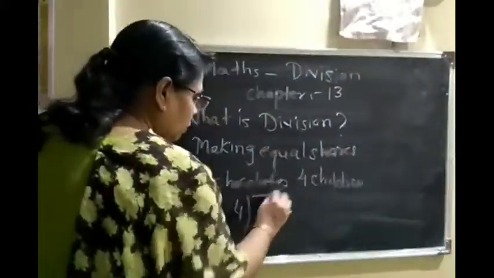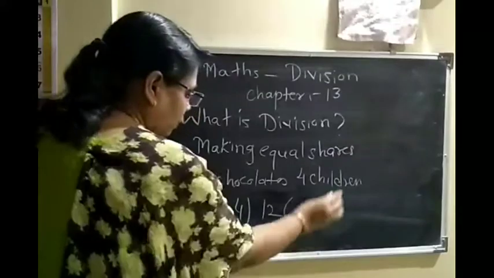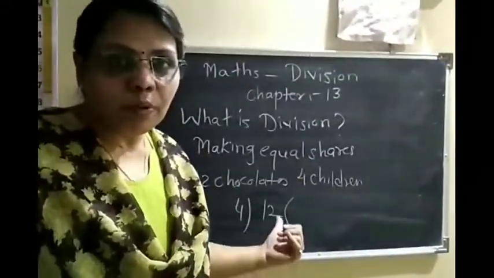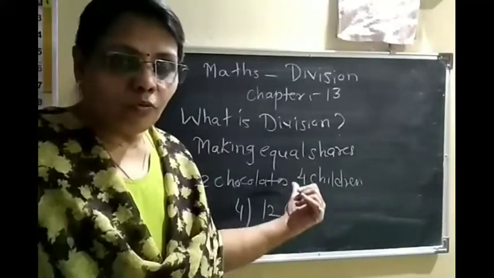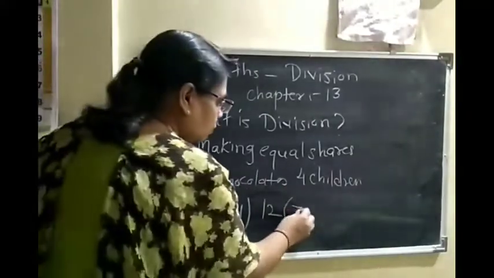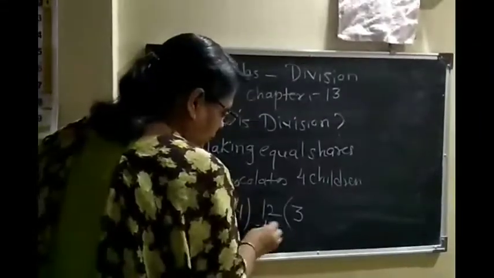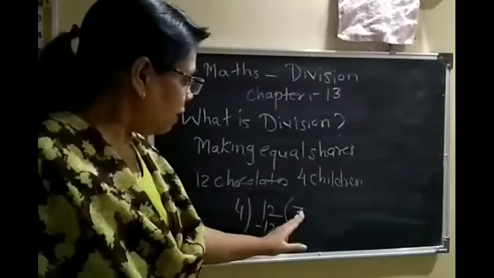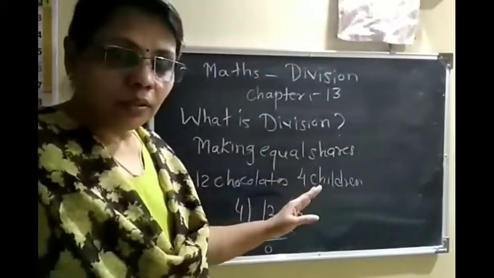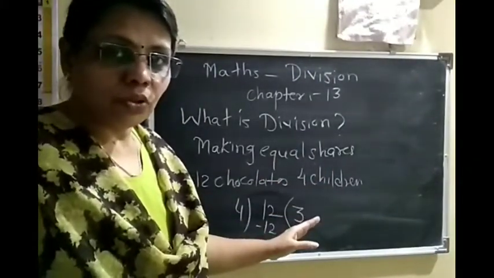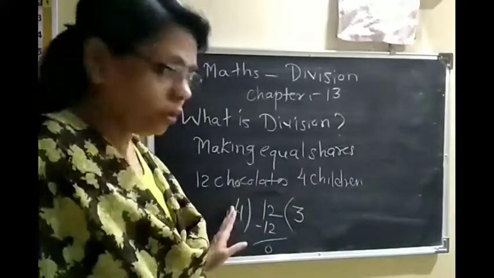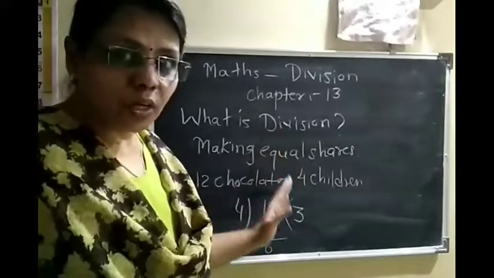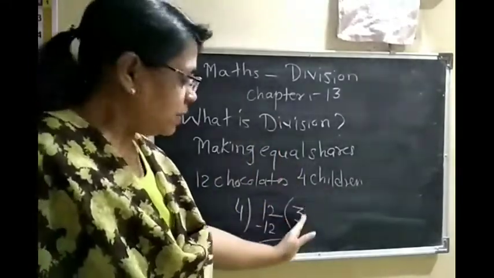If you are well versed with the table of 4, 4 threes are 12. So 12 is to be divided by 4, and the answer you get is 3. When you divide 12 by 4, the answer is 3.